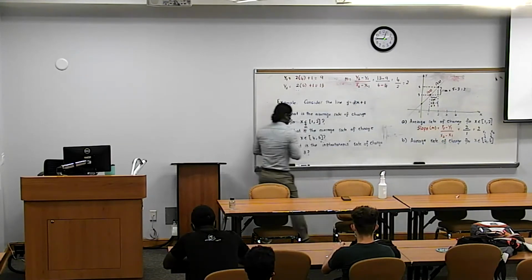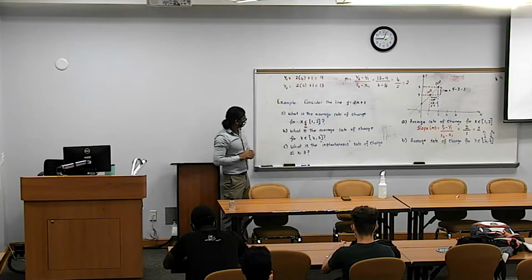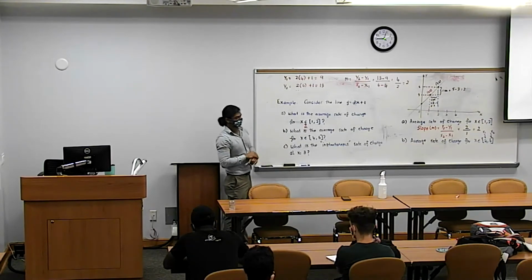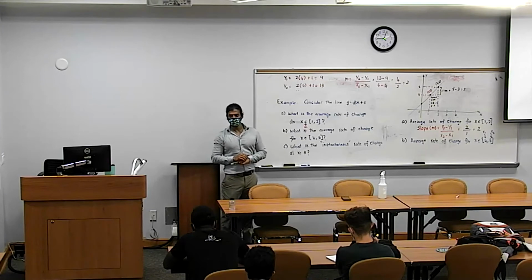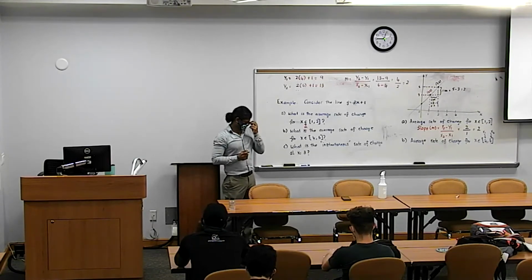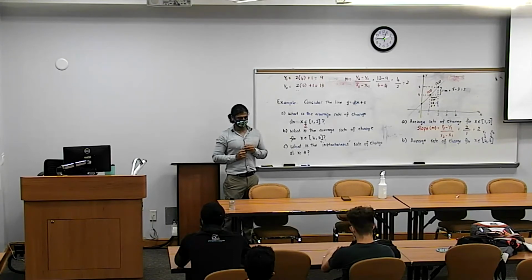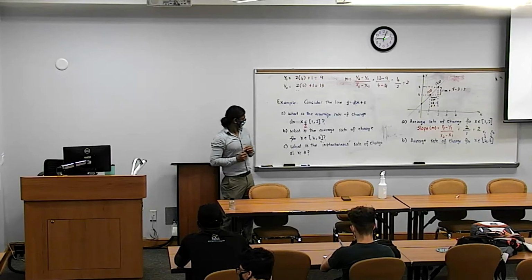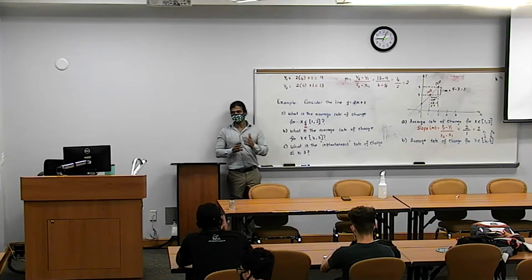Who can tell me what the value of or answer to C is? 2, is it? 2. Why is that, Liam? Well, it's asking for the instantaneous rate of change, so it's asking for the rate of change between just two x values, which... But there aren't 2 x values. There's just 1. X is equal to 3.